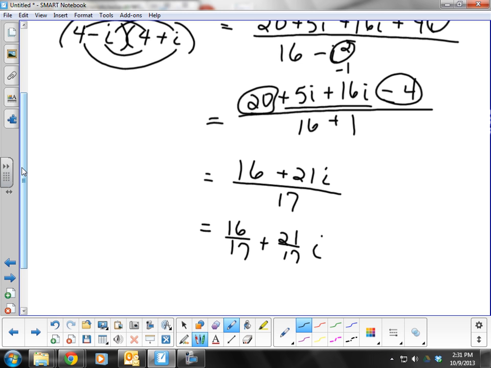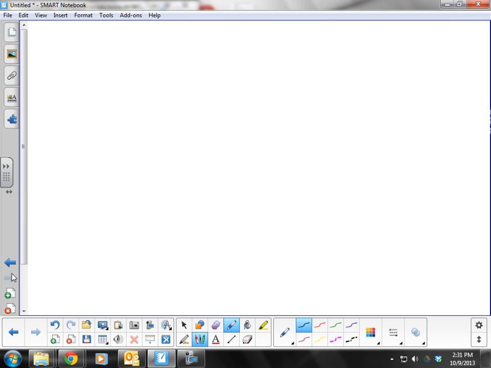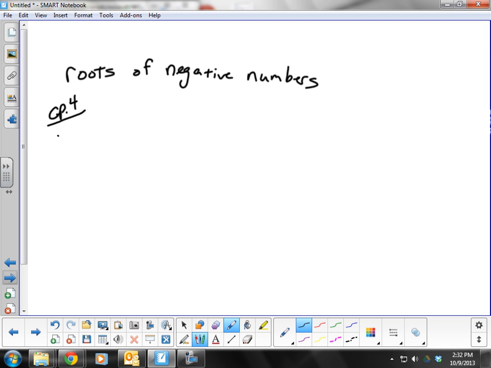Then there's only one last thing in this section, and it's working with roots of negative numbers. So checkpoint 4. Square root of negative 27 plus the square root of negative 48.